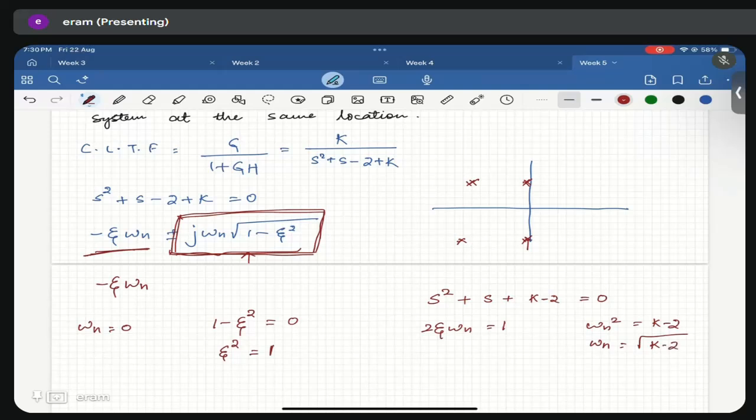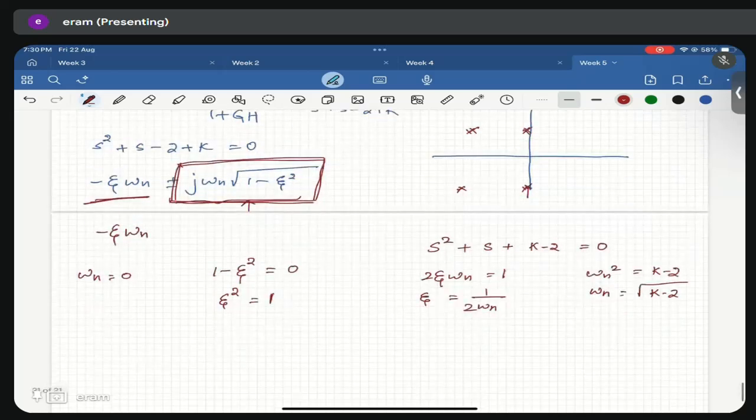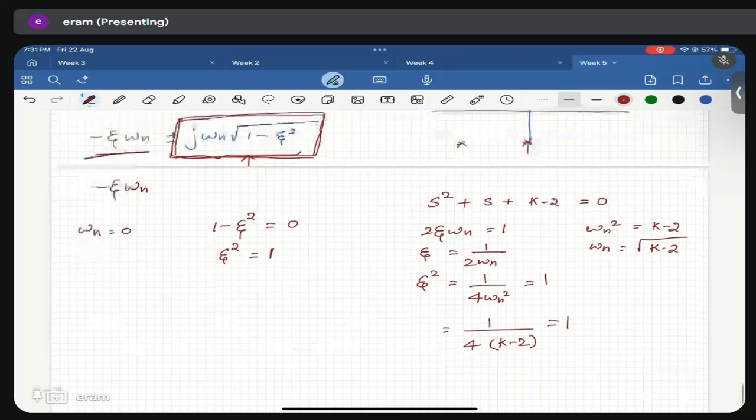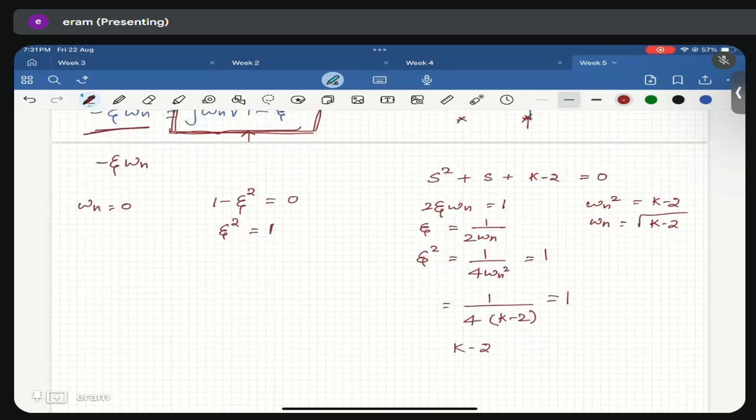Therefore zeta is 1 by 2 omega n, and if I square it, it will be 1 by 4 omega n square, which should be equal to 1, which means 1 by 4(K minus 2) should be equal to 1. So K minus 2 equals 1 by 4, and if you solve you will get K equals 2.25.